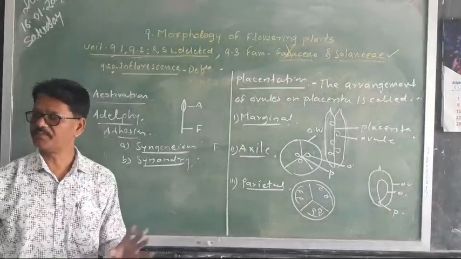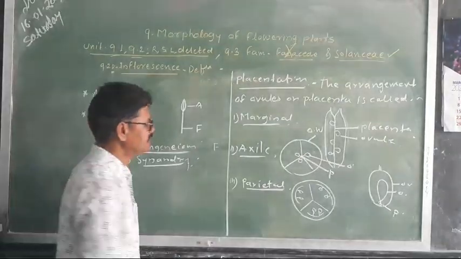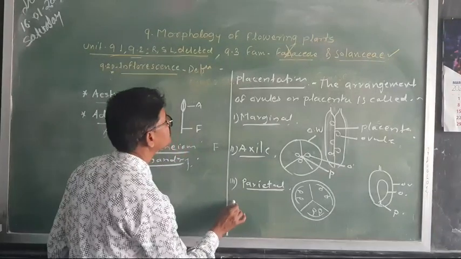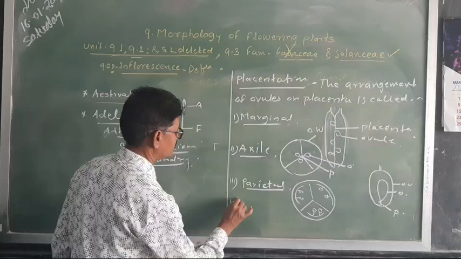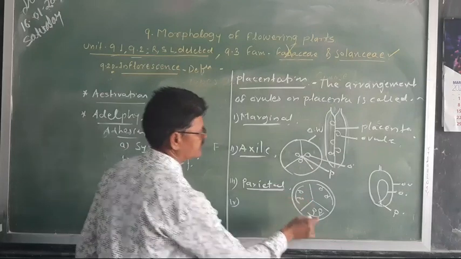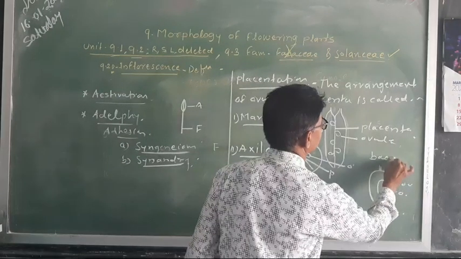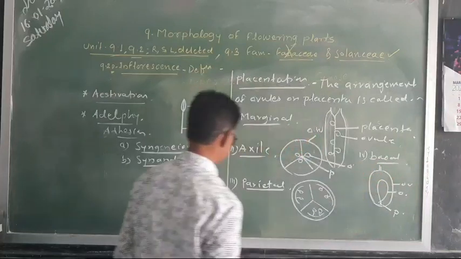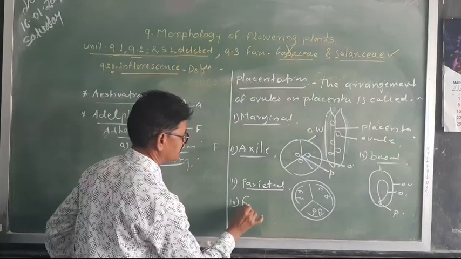Next one is the free central. In that there is no division. This type is the basal. Fourth one, and fifth one is the free central.